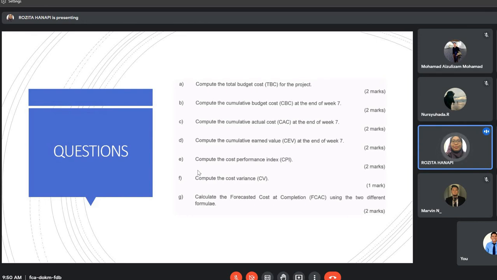And if the forecast is correct, there will be an overrun of 100,555. Okay, that one is the analysis.